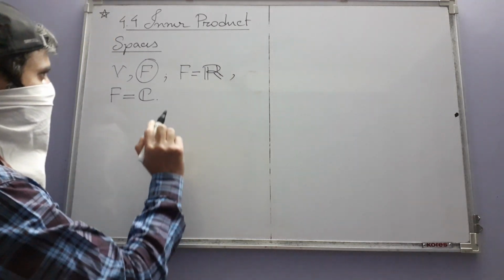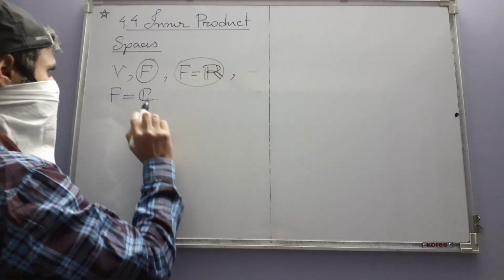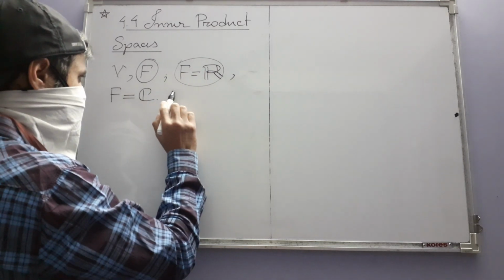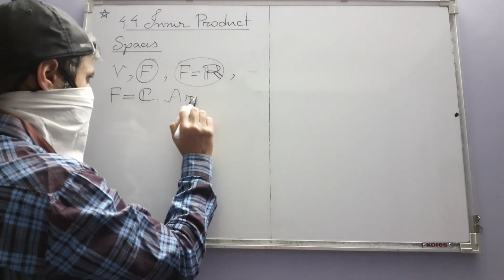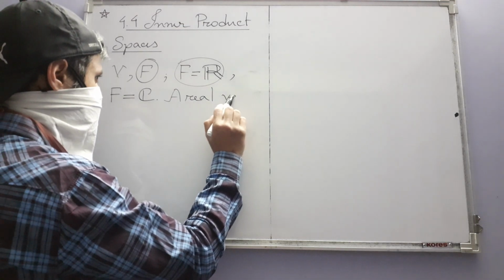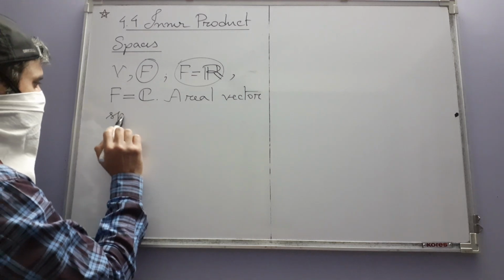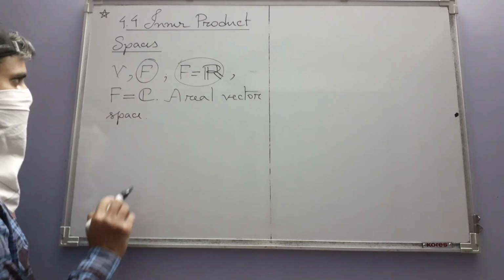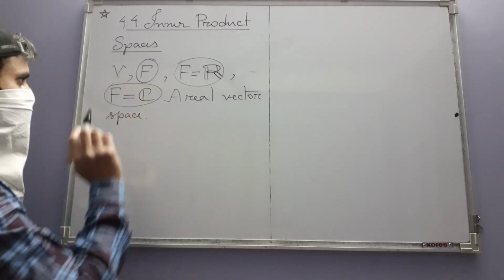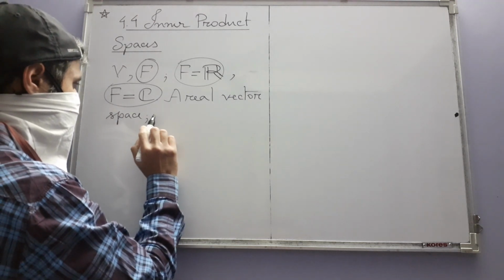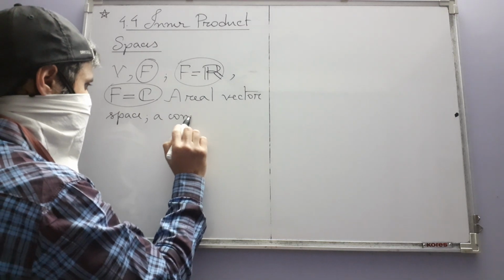And when the underlying field is this, we call the vector space, whatever it is over that field, a real vector space. And when our underlying field is C, the field of complex numbers, then the vector space is called a complex vector space.